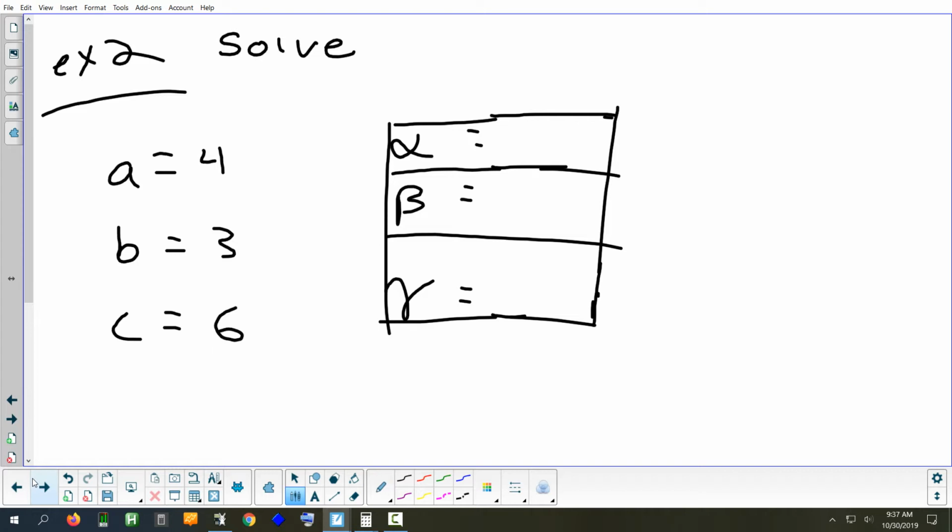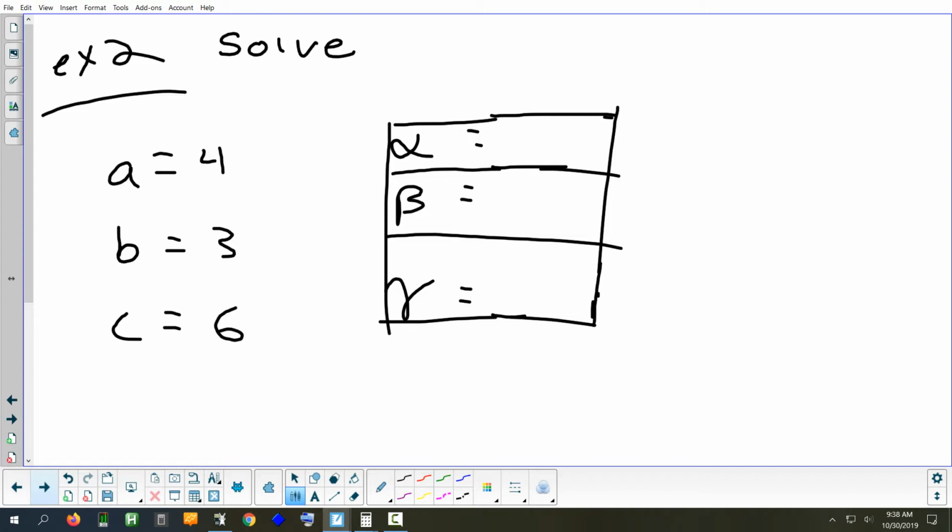If this was 4, and this was 4, and this was 6, then all I'd have to do is find one of the angles, and then I'd automatically know that angle, and then the last one, well, just add them up and subtract from 180. So most of the time though, I'm not going to give you an isosceles triangle. I'm going to give you a scalene, which means you're going to have to do law of cosines twice.